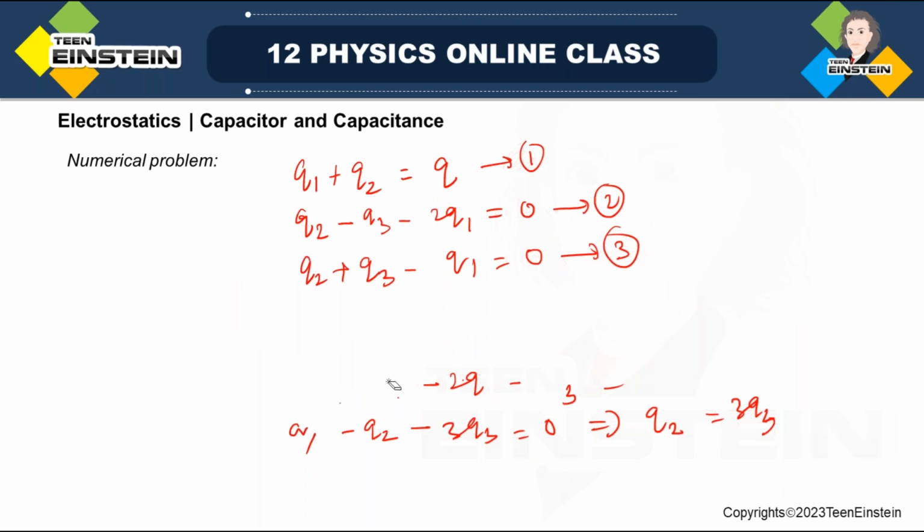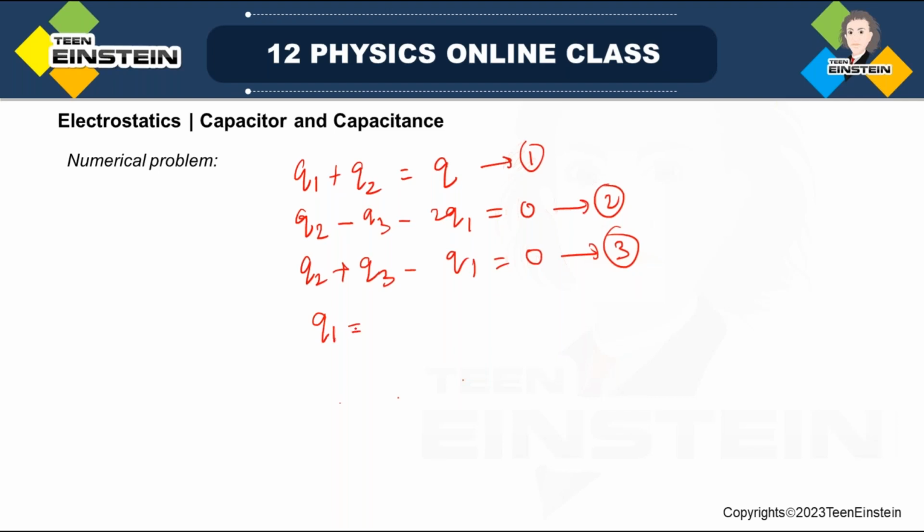Let me first go with the relay, because we have to ultimately get each of them, Q1, Q2, Q3, in terms of Q. So better we'll just make use of this equation. So Q1 plus Q2, let me get Q1 from there. So Q1 from there means that will be Q1 is equal to Q minus Q2.